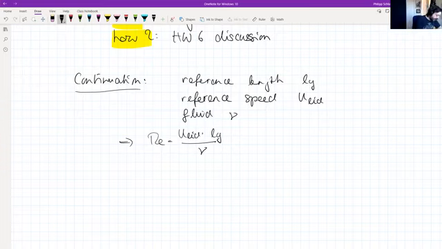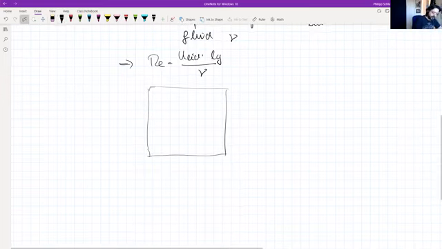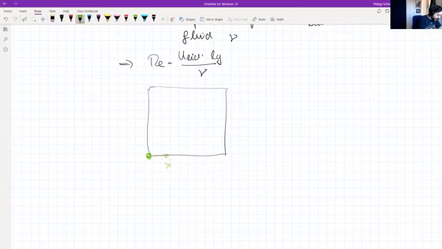And it also allowed us to sketch our flow field or our geometry in terms of these non-dimensional variables, namely we defined an origin of the system. We have a coordinate system x and y, and then we know that this length here would be 1.